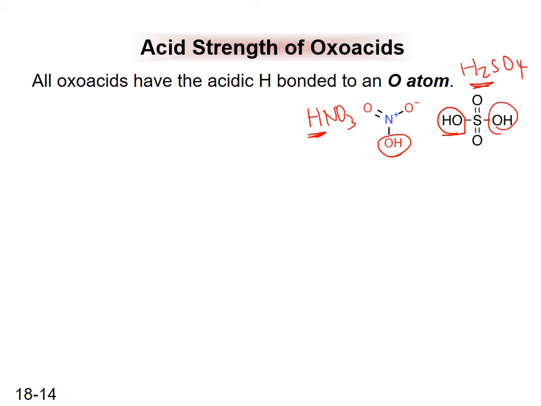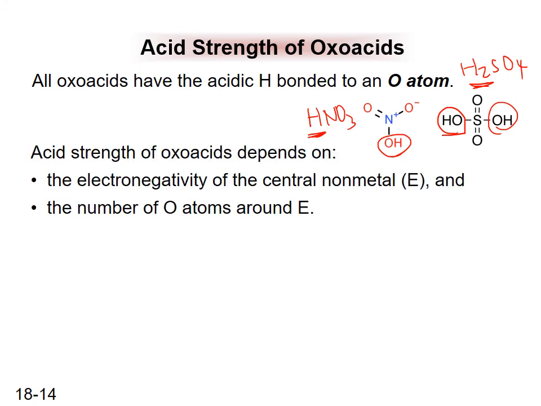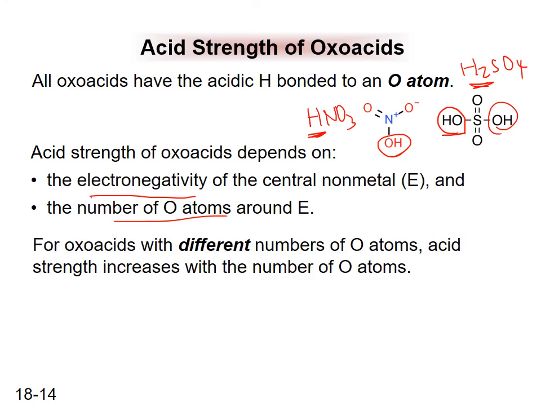Now for oxo acids, the acid strength depends on the electronegativity of the central nonmetal and the number of oxygens. For oxo acids with different numbers of oxygen atoms, the acid strength increases with the number of oxygen atoms.